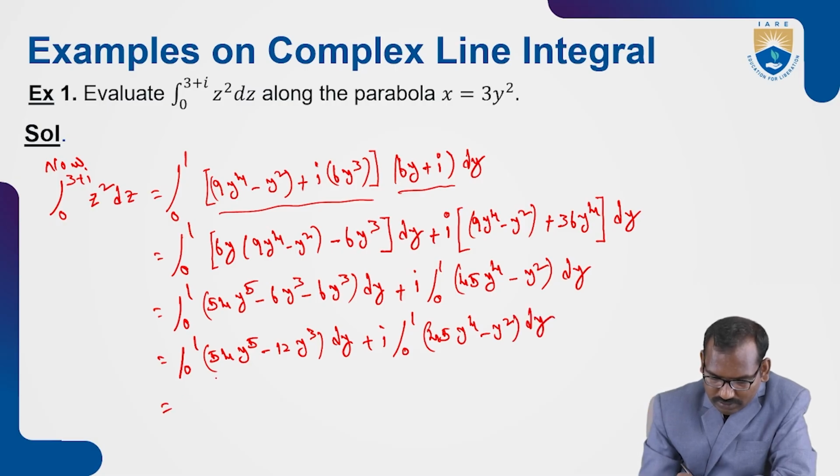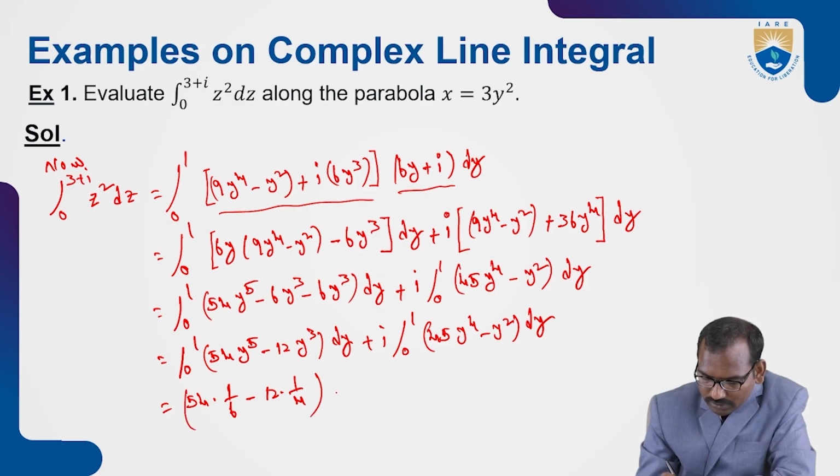I will evaluate this. After performing integration, you will get 54 times 1 upon 6 here, and 12 times 1 upon 4 here. Okay, this is our real part, plus i times 45 times 1 by 5 minus 1/3.